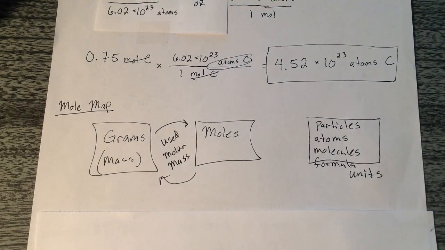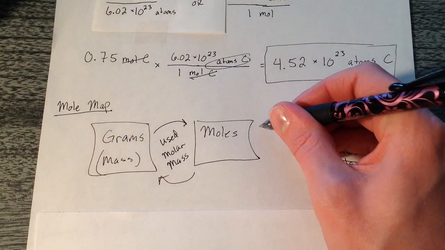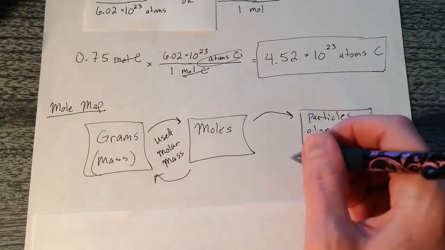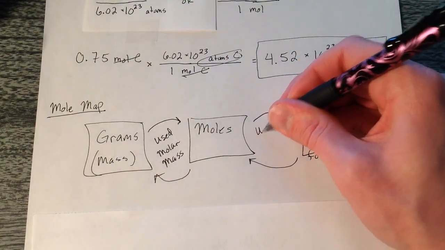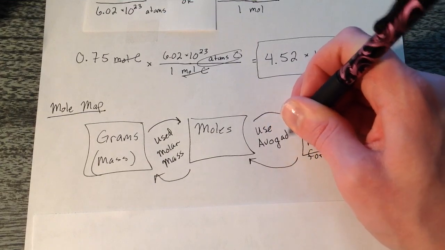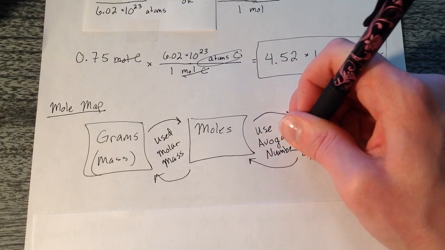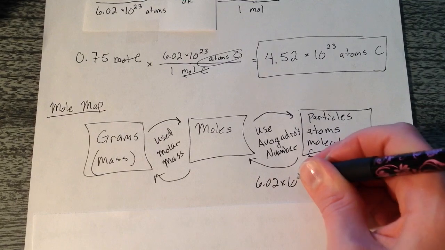And in order to relate moles into these units, if I start with moles, I can go that way. I can also start with these units and go that way. In order to relate that information, I use Avogadro's number, my 6.02 times 10 to the 23rd.